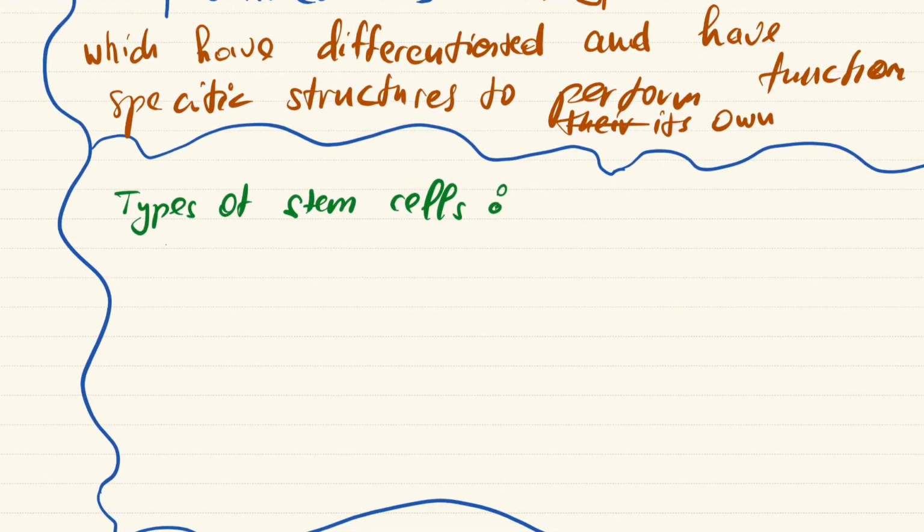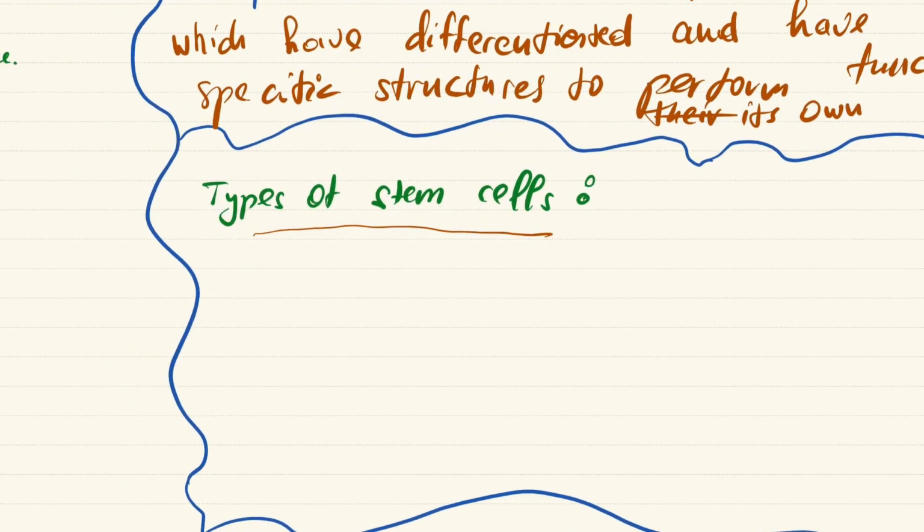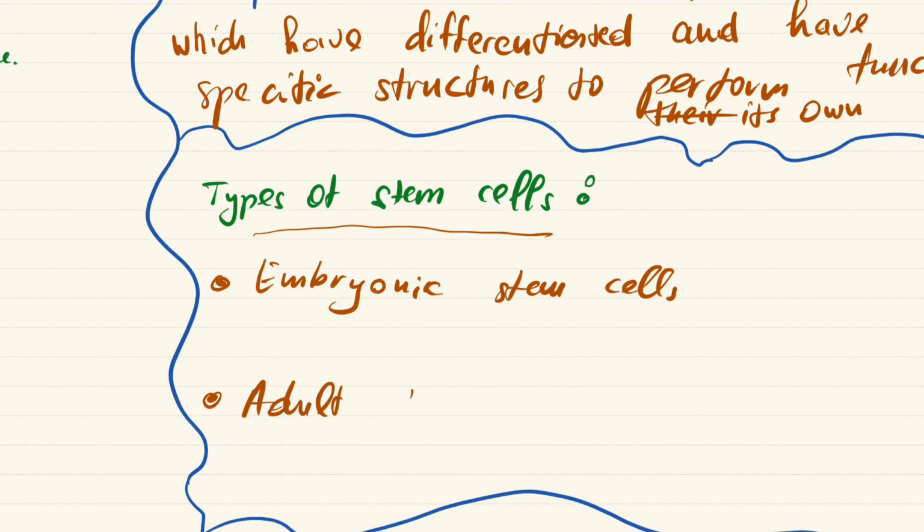So now we are going to talk about the types of stem cells. The first one is embryonic stem cells, and the second one is adult stem cells.